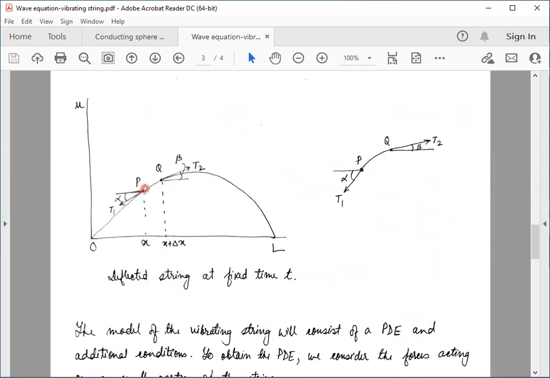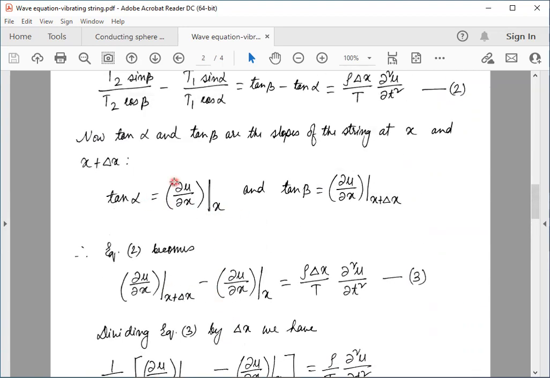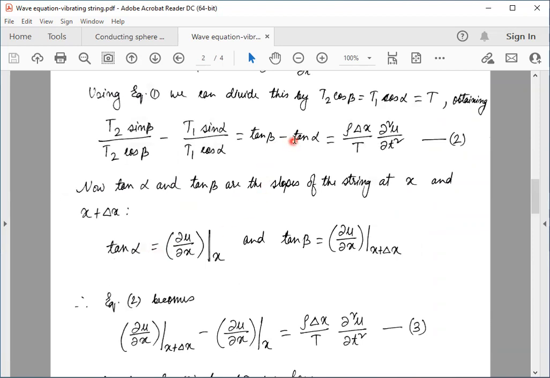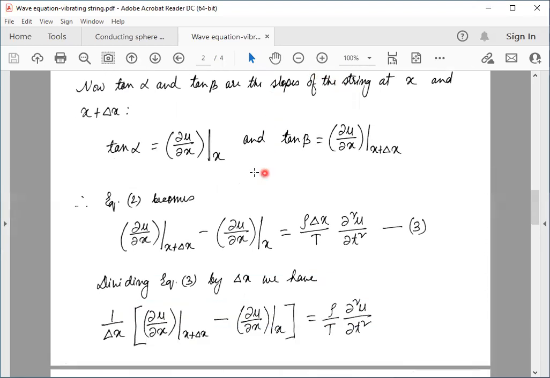So when I substitute tan alpha and tan beta in equation number 2, this equation becomes: slope at x plus delta x minus slope at x is equal to rho delta x by T, the acceleration.